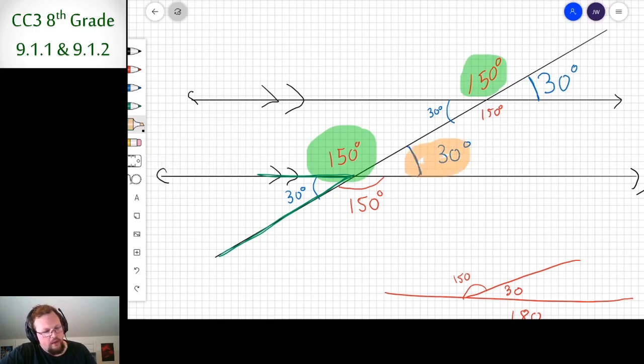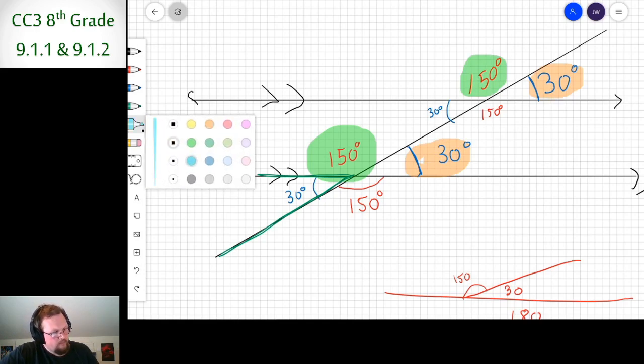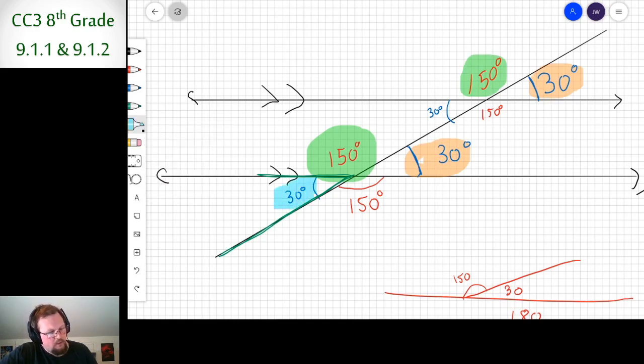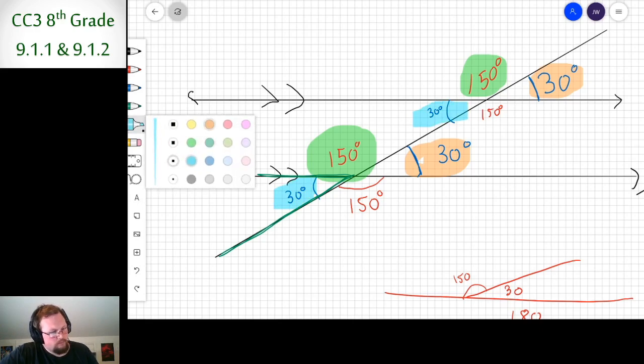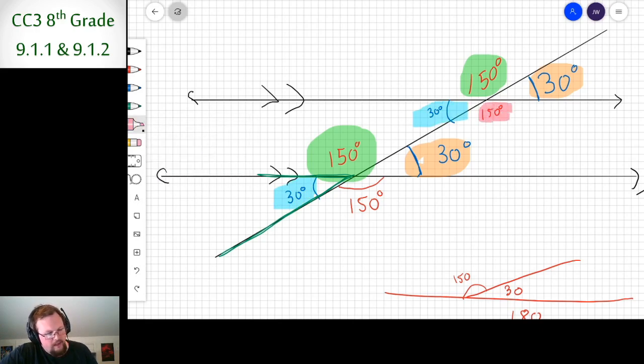Also 30 and 30 right here are corresponding. This 30 is corresponding to that one. And this 150 is corresponding to that one. So you notice which ones match up are based off of where they are located, either top right, top left, bottom right, and so on.